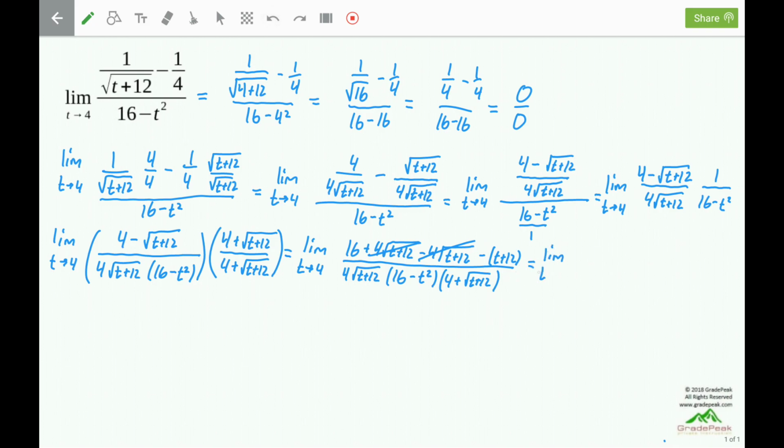So that gives us the limit as t goes to 4 of 16 minus t minus 12, divided by that entire denominator, which I'll rewrite exactly as we see it here.